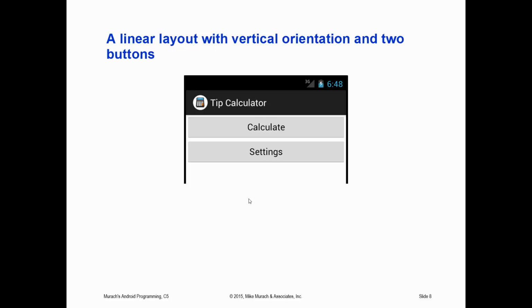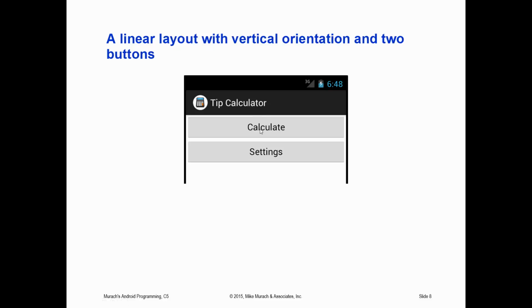If you need to create an interface that displays widgets in a vertical or horizontal line, this is the one you'll want to use. Here, the width and the height have been set to match parent. Match parent meaning stretch across the screen. The orientation here has been set to vertical, so it displays the 2 buttons in a vertical line, one after the other.